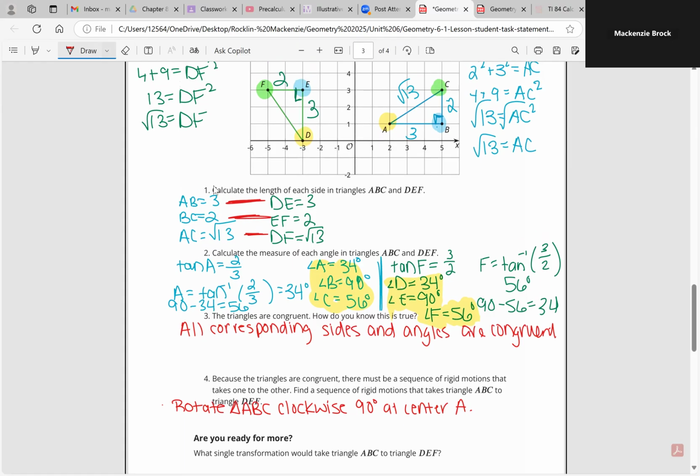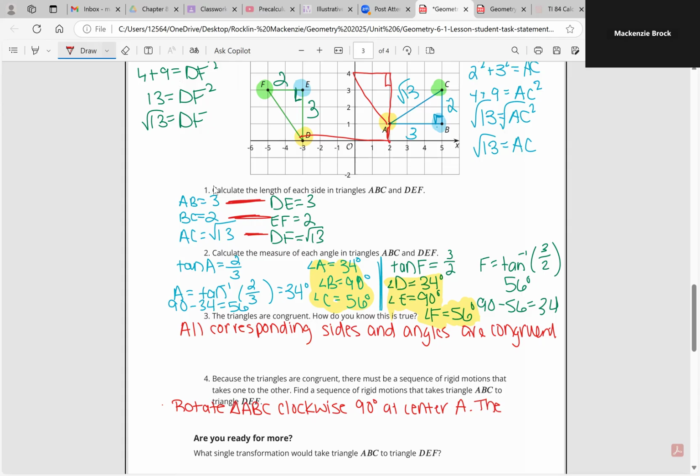Once I do that, it's going to look like this. Then I'm going to translate it down and over so that it lines up on the other one.